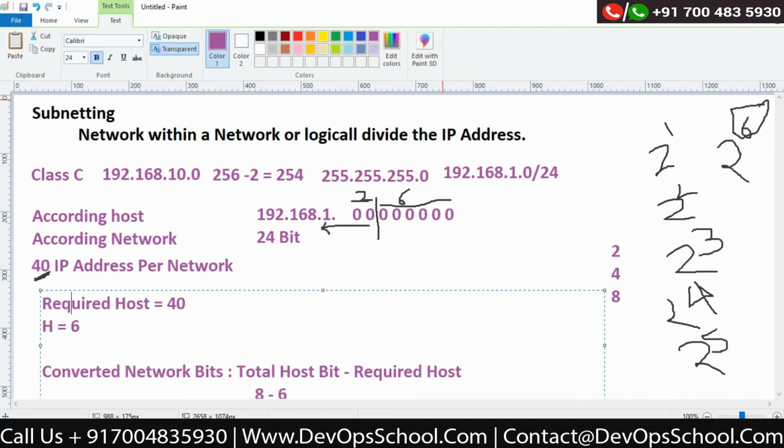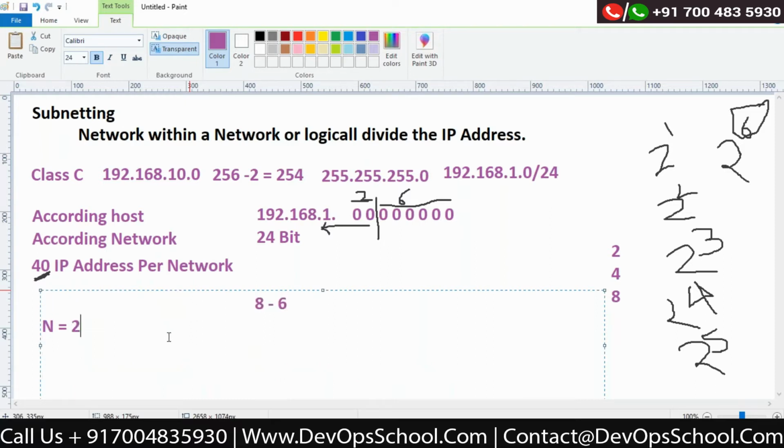First, you need to identify how many bits you require for IP addresses. That purpose is solved over here. I come to know that 2 raised to 6, that means 1, 2, 3, 4, 5, 6 bits, would achieve this. Then how many bits are actually required for your network? Total host bits minus what you actually require.